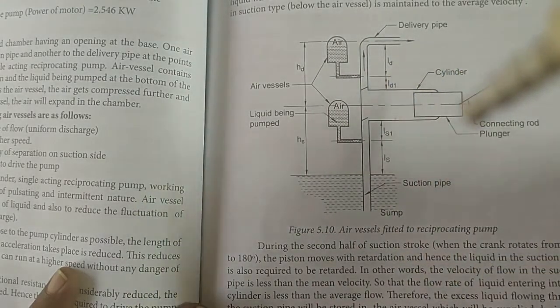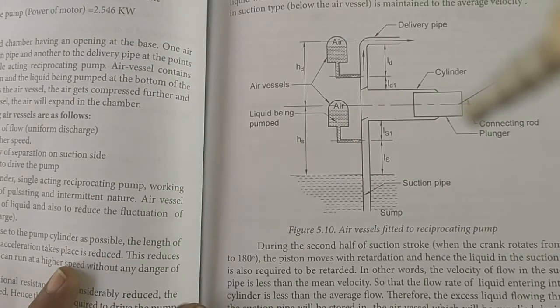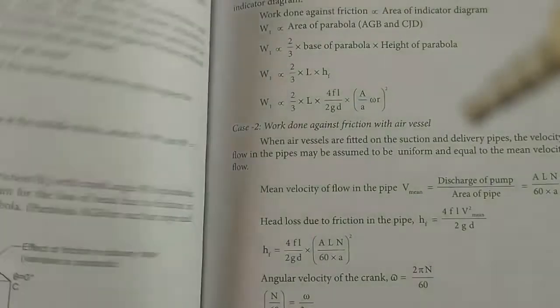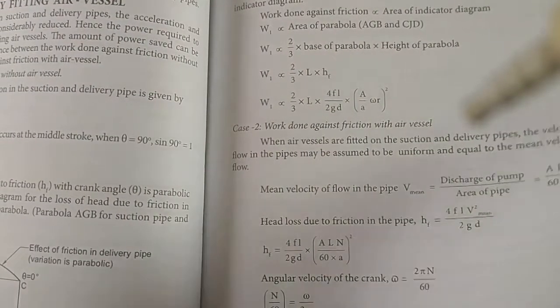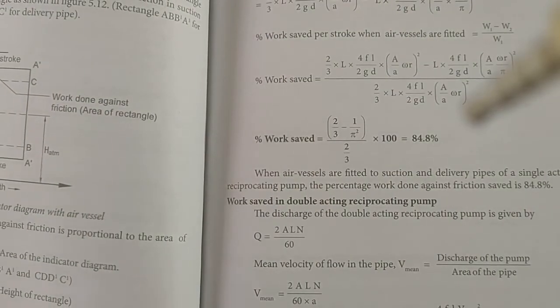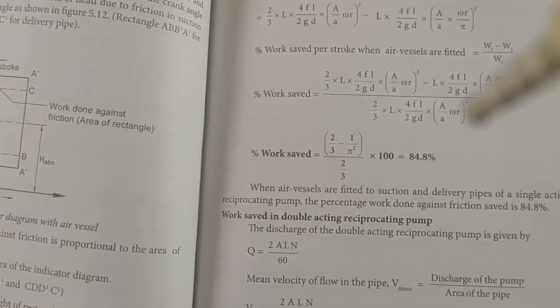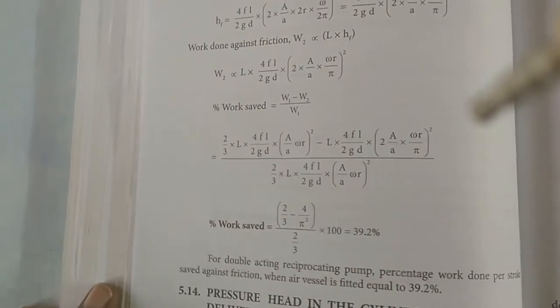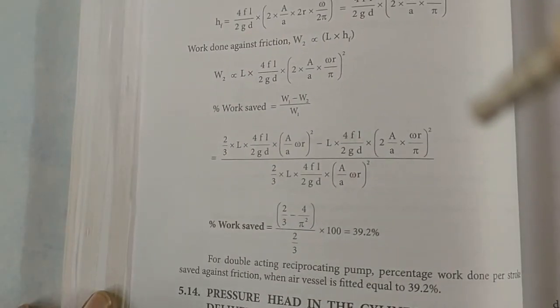The acceleration and deceleration are avoided, and thus by eliminating the acceleration and frictional heads, it gives a work saving of 84.8% in a single acting reciprocating pump and 39.2% in a double acting reciprocating pump.